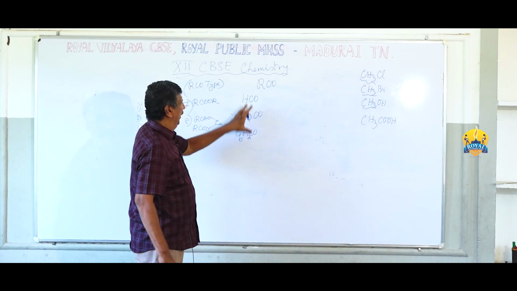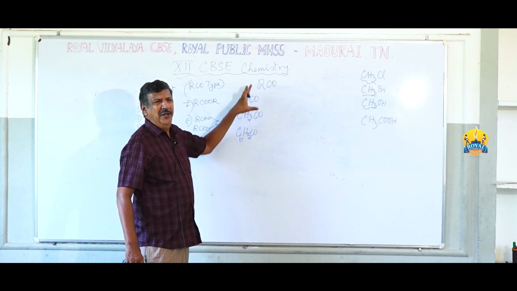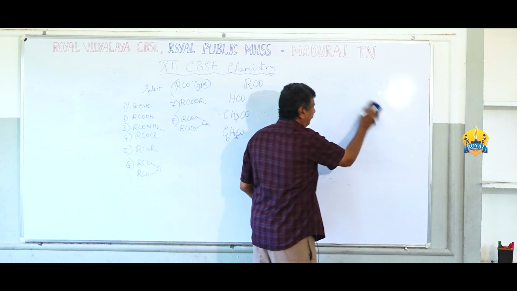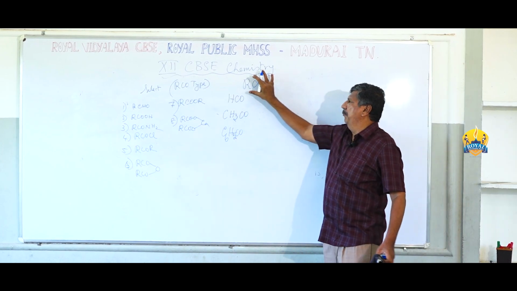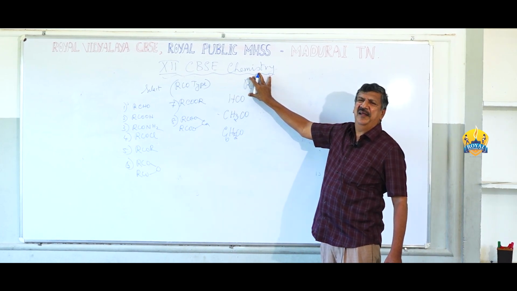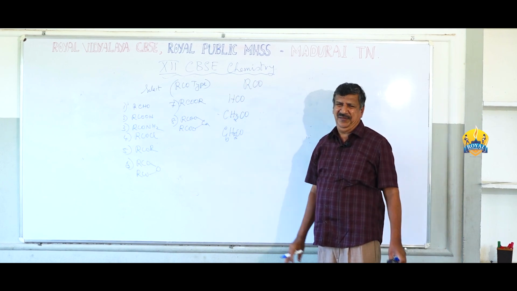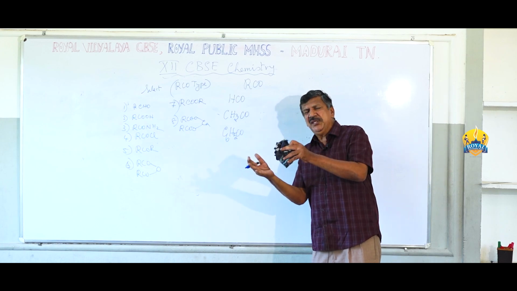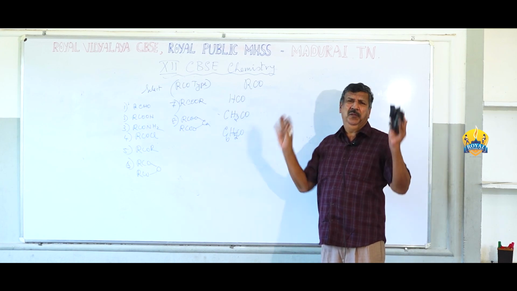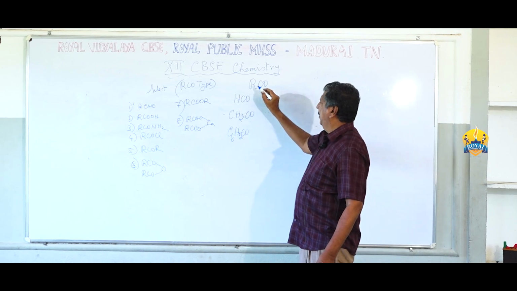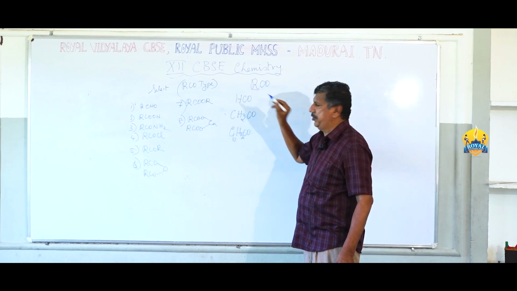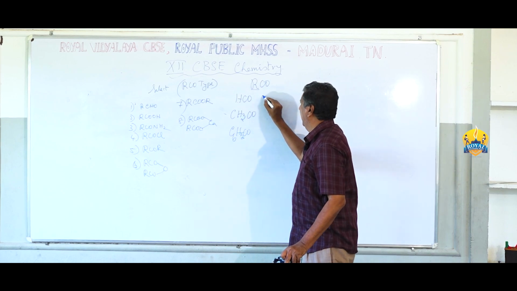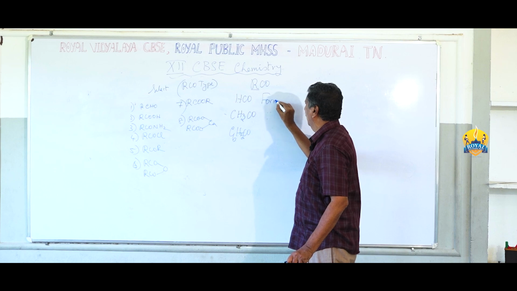I am going to insist on this here. Okay, we can now remove this one. RCO means generally they are called carbonyl compounds. Carbonyl means R is attached to CO. If the R is replaced by H, then you should pronounce the name in this form.